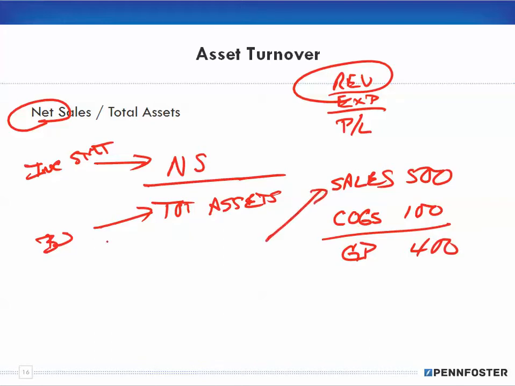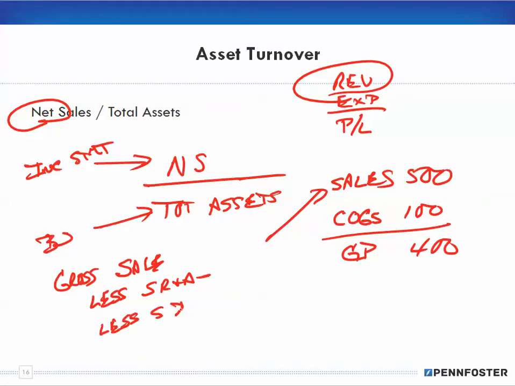In the sales section, I can show my gross sales, meaning absolutely everything that I sell regardless. Then I can take out, less, my sales returns and allowances, which are items that are returned or allowances that I make, or I can also take out, less, sales discounts.